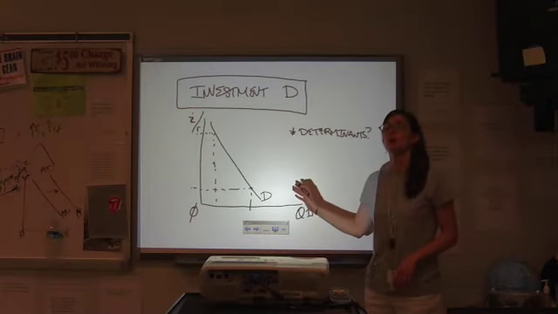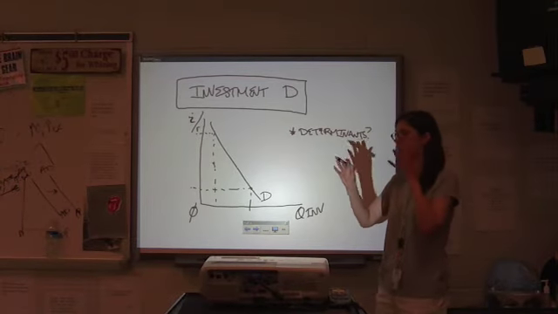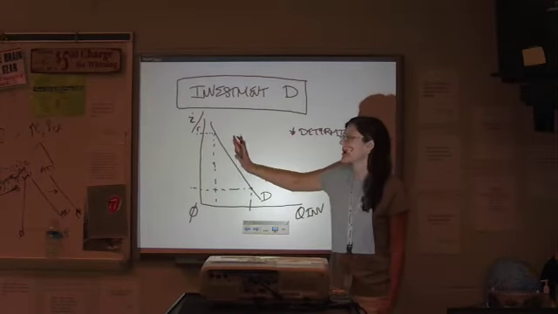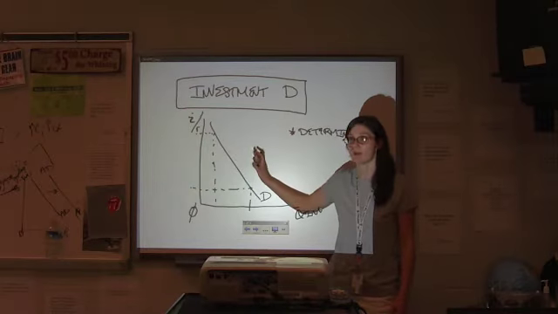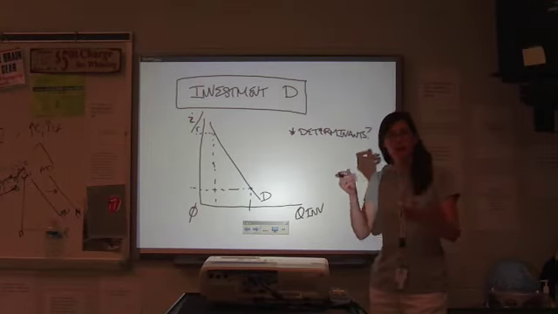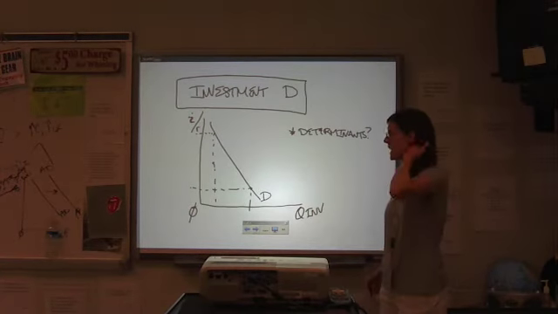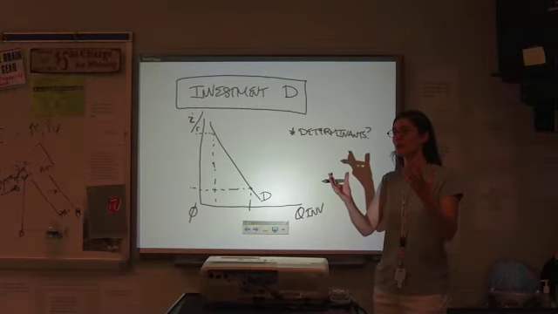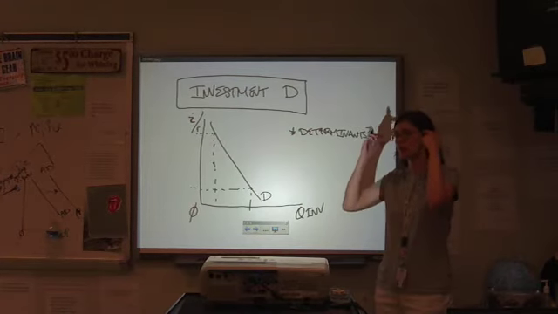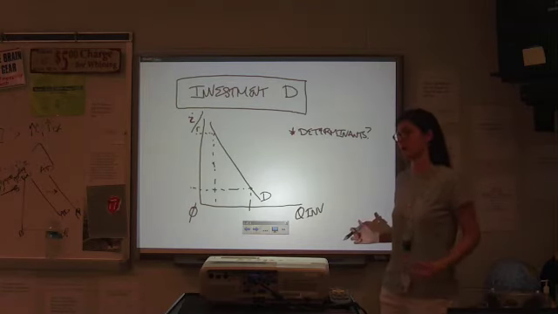Now, in terms of the determinants of investment demand, remember, the determinants mean what determines where it's going to be on the graph or the things that can cause it to shift. I've seen different lists of factors in different books, so I'm just going to give you a couple that you can keep in mind here. And hopefully, if you see something different, you can use your mental processes to figure it out.